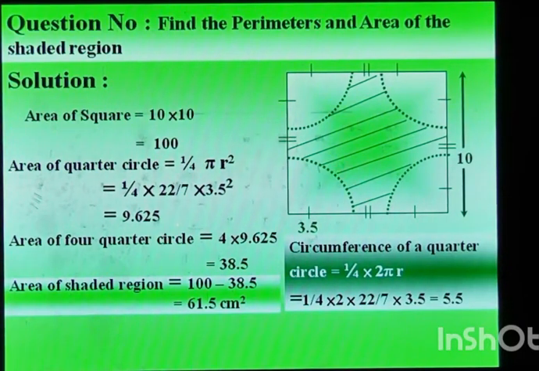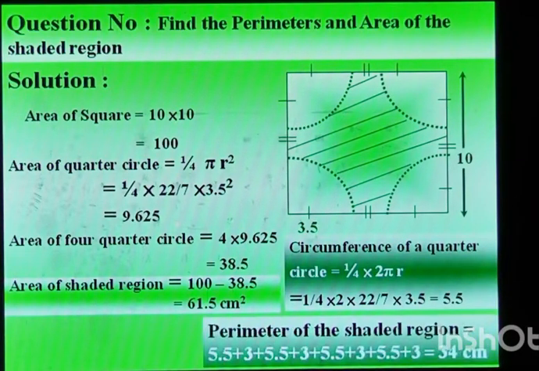And the circumference of a quarter circle is equal to 1 by 4 into 2 pi r. Okay, then the perimeter of any shaded region. We know in this question we need to find 2 things, perimeter and area. Area we have found first.